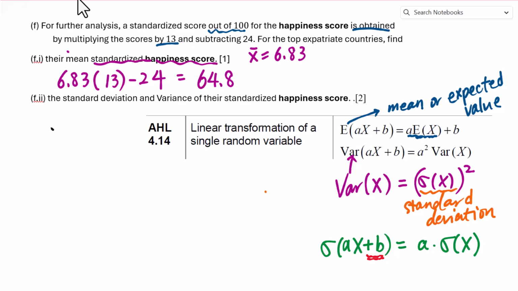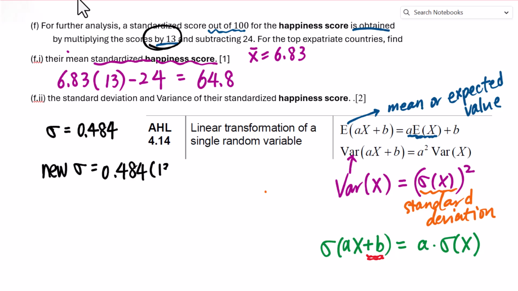For F2, the standard deviation and variance of their standardized happiness score. Original standard deviation is 0.484. Since this value is only affected by multiplication, we will get new sigma equals 0.484 times 13.